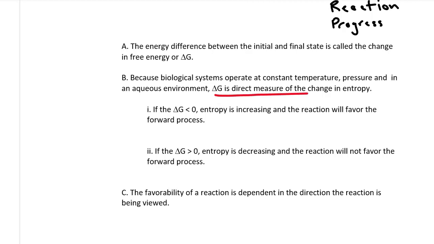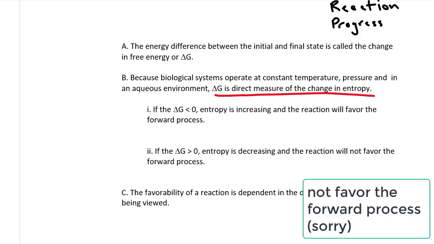Important. If delta G is less than 0, entropy is increasing and the reaction will favor the forward process. If delta G is greater than 0, entropy is decreasing and the reaction will not favor the forward process.